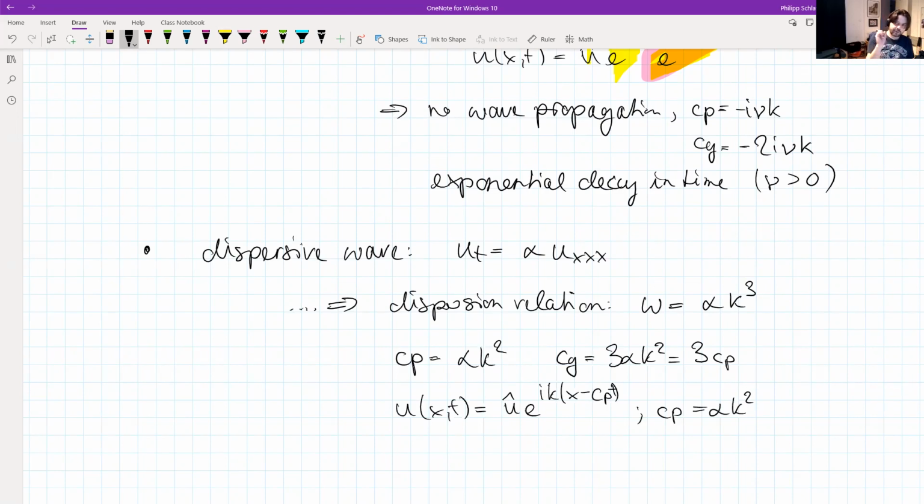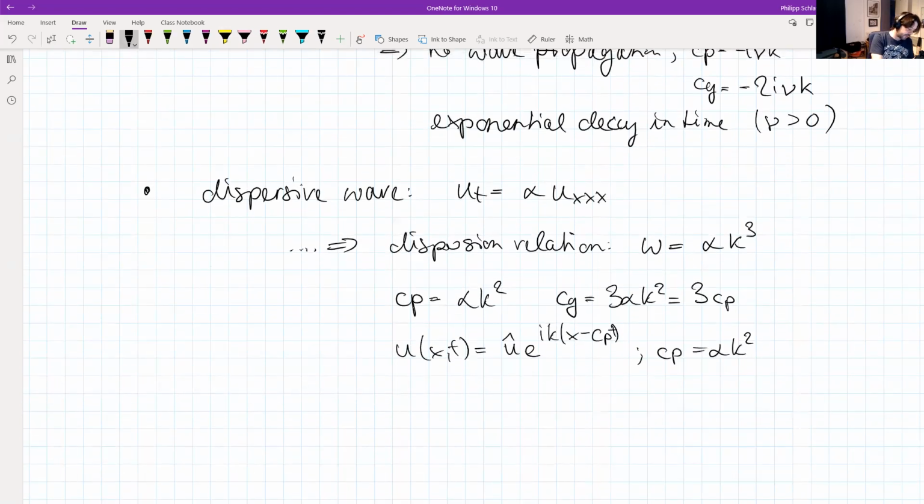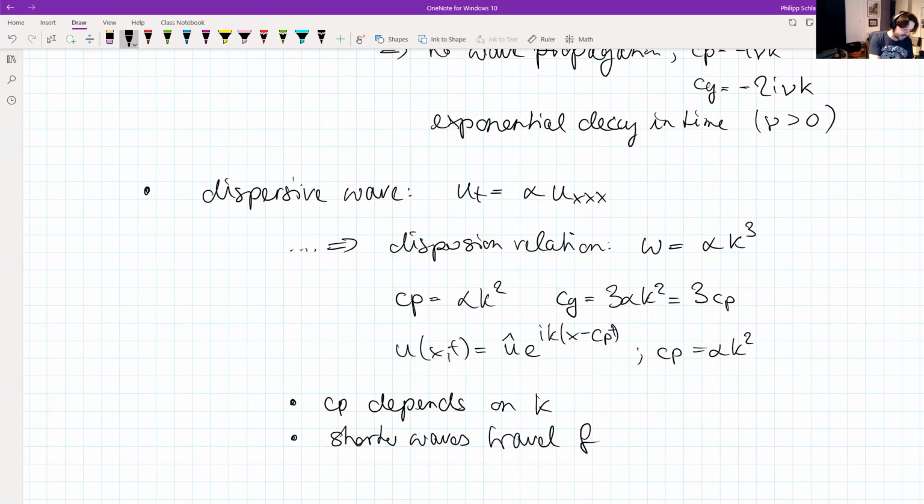Now, what is the importance here? Well, the importance is that I get a Cp that depends on k. So that means the speed with which my waves travel is actually dependent on the wave number k. And in this case, it would actually mean that shorter waves, so higher k's, travel faster than lower or longer waves.